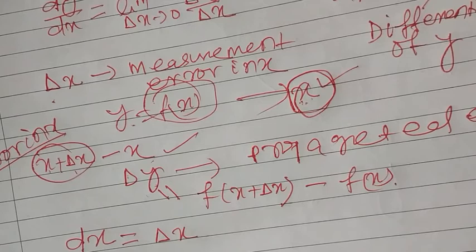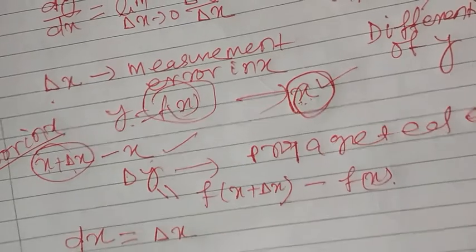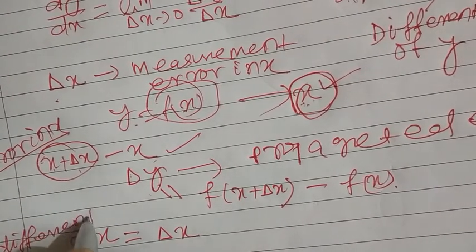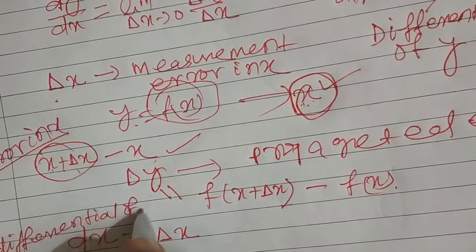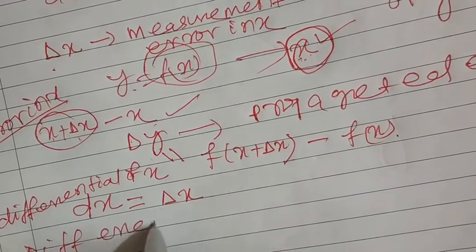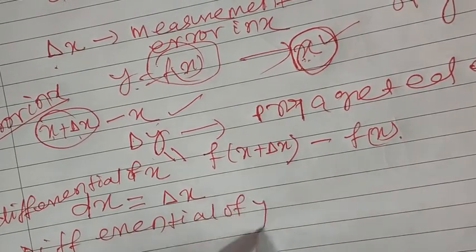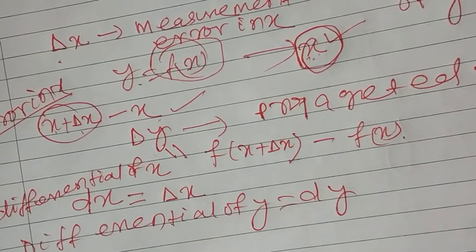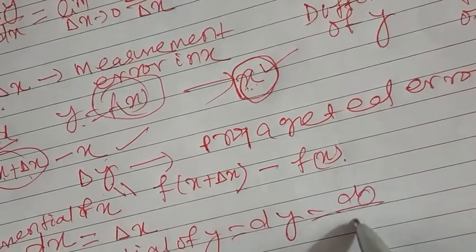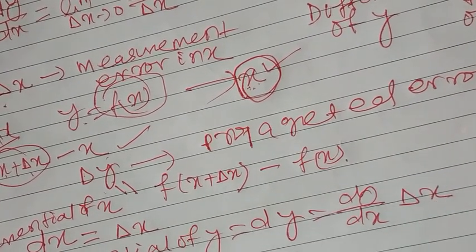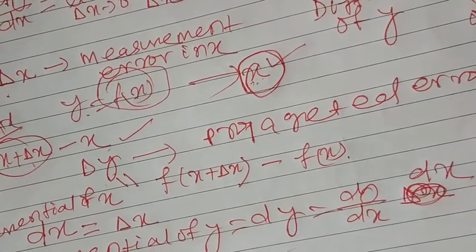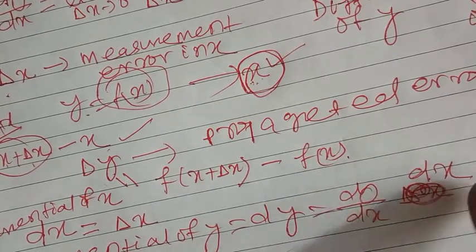Getting the idea? And remember, this is the differential of x, and the differential of y is dy. How shall I find this dy? It is nothing but dy by dx into delta x, or dx you write, no problem. Can I write dy as dy by dx into dx?